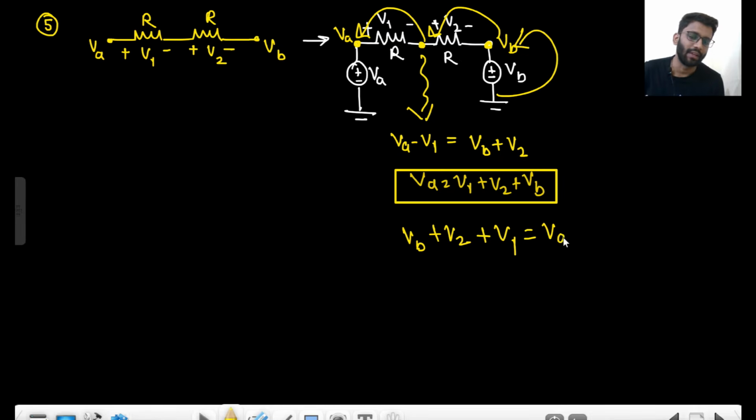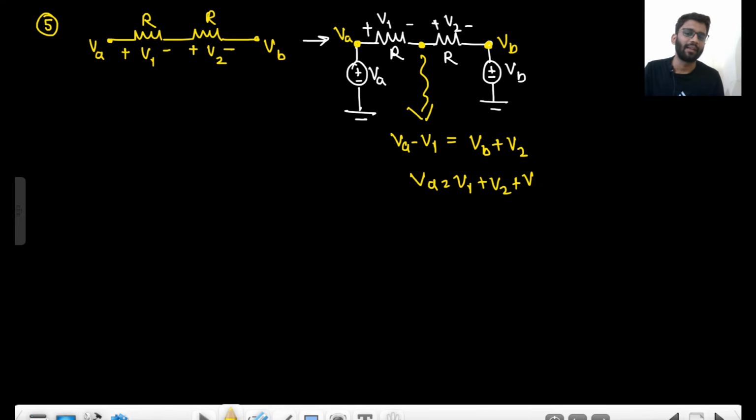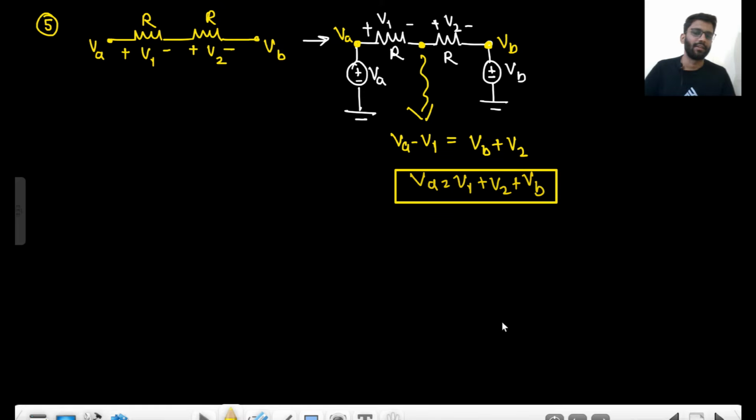That is equal to VA. So again this formula is coming, VA equals V1 plus V2 plus VB. So at any arbitrary point, you can try applying this. Just start from any point and keep on jumping. So that's how you can write the equations, right?